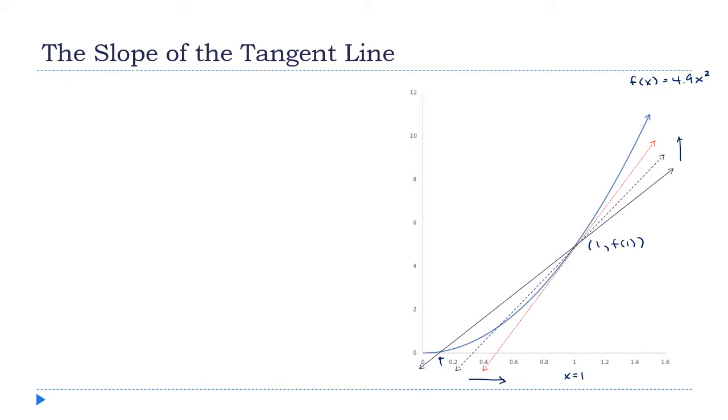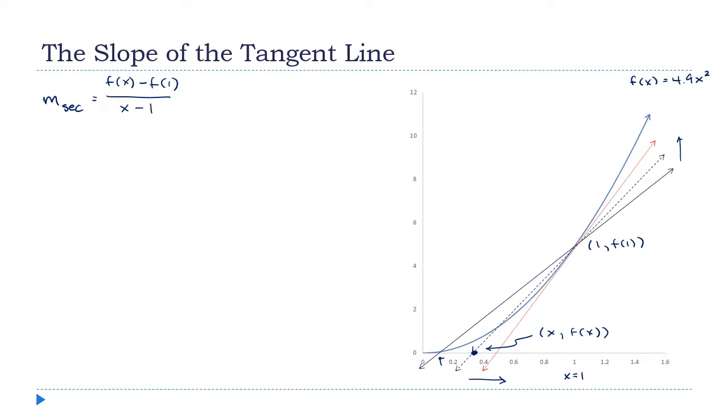Okay, so I want to talk about the slope of the secant lines. Well, what is the slope of a secant line? If I take just a random one of these down here, the coordinates of this point are x comma f of x, which means the slope of the secant line is f of x minus f of 1, that's the difference of the y values, divided by x minus 1.